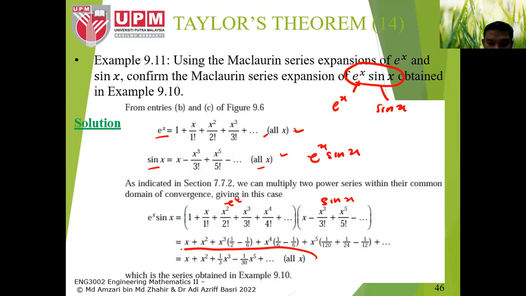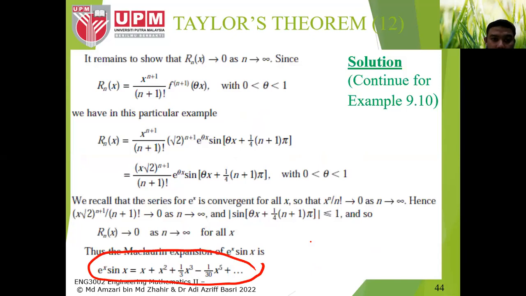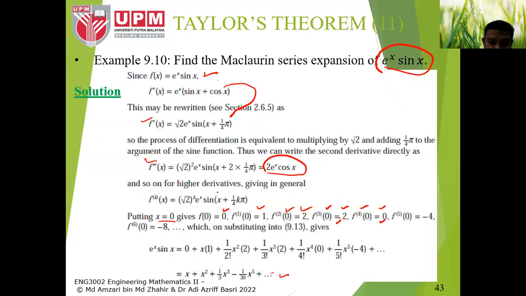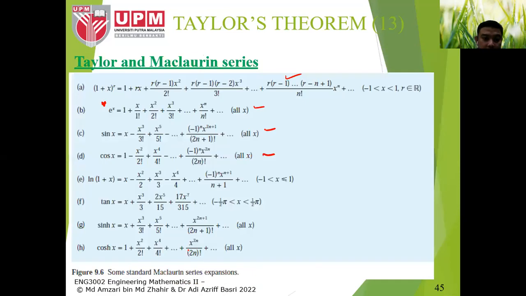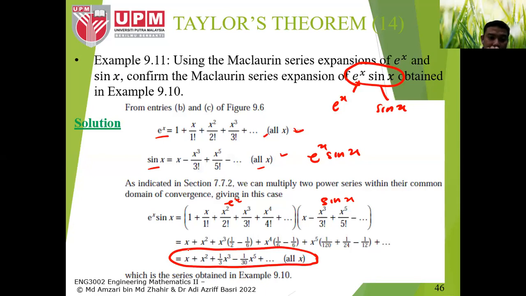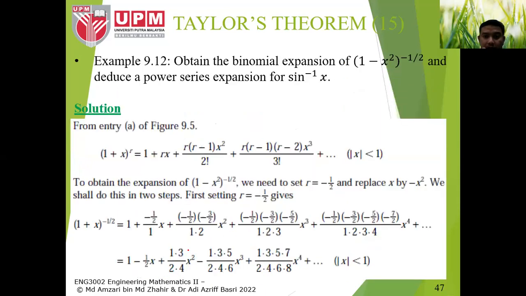You can notice this is the same answer as by using the Maclaurin series of differentiation. So the Maclaurin series is simplified using these series. You just plug and play the answer.